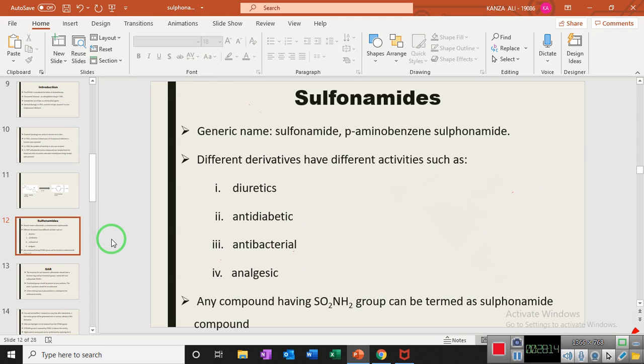We can differentiate between general anesthetics and local anesthetics. In the general anesthetics, the central nervous system is involved. It is going to be depressed at different levels. While in the case of local anesthetics, the central nervous system is not affected.